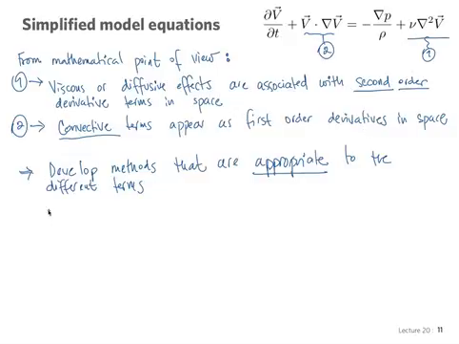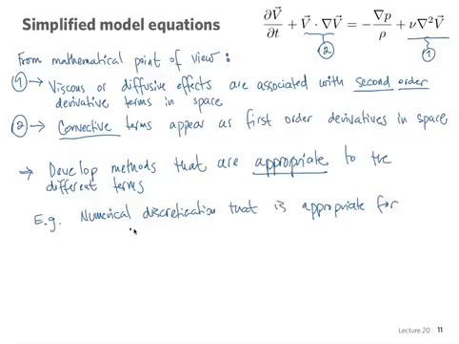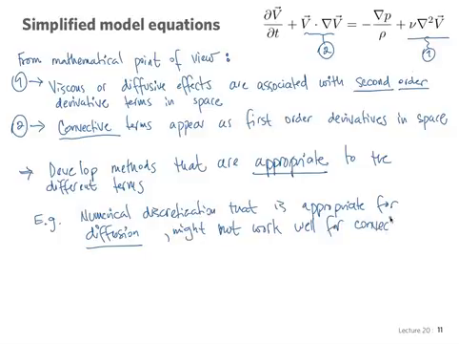And so, because the numerical discretization needs to be appropriate to the physics, a numerical discretization that is appropriate for diffusion terms, which are the second order derivative terms, might not work well for the convection term.